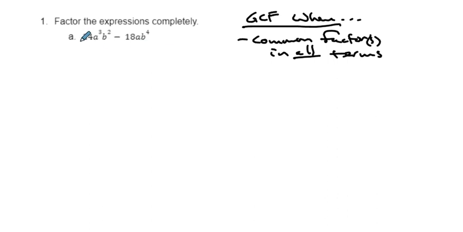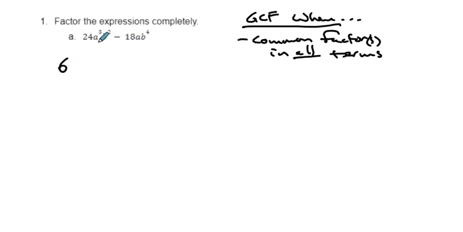So in this one, hopefully you recognize that, first of all, both of these are divisible by 6. Both of these are divisible by 6. So I know that I can pull a 6 out of both of these.